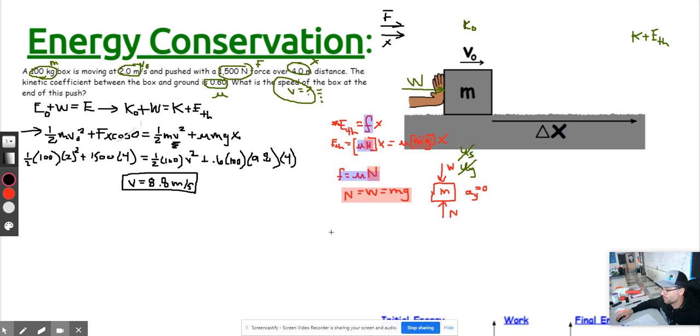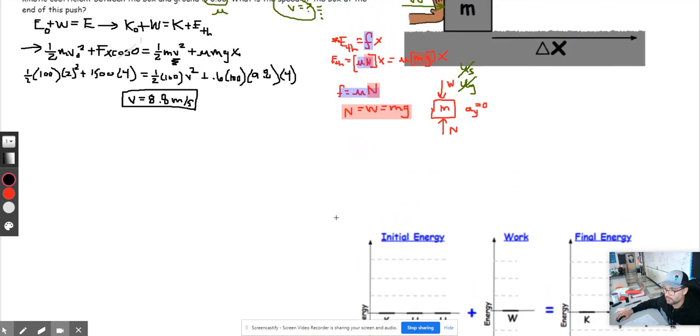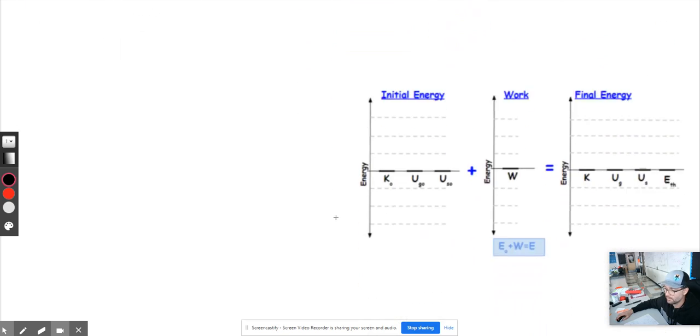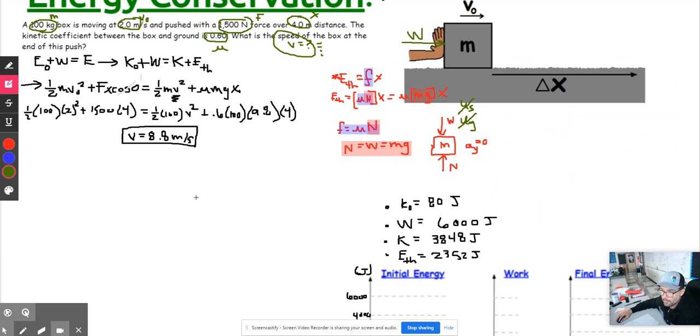I would like to go through and show you my energy bar chart stuff too. So let me do that right now. When I take this 8.8 and plug it back in here and calculate my initial kinetic energy, my work, my final kinetic energy, and my thermal energy, these are the values I get right here.